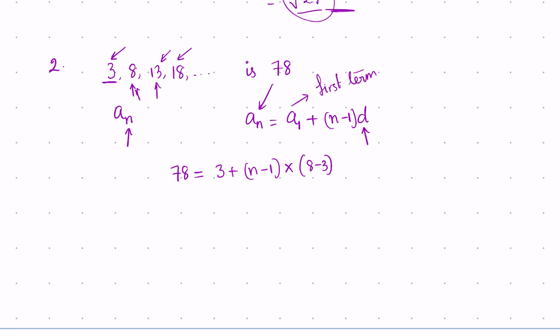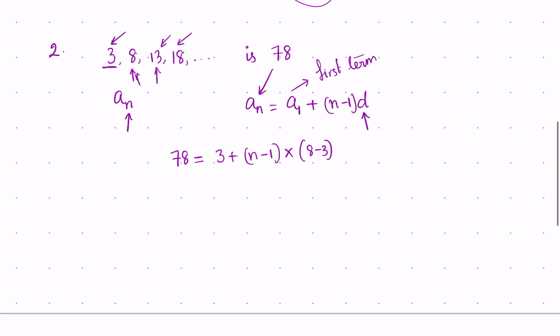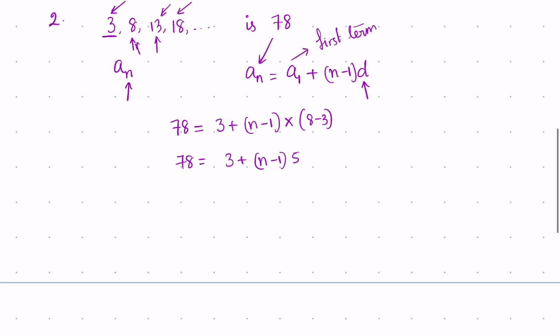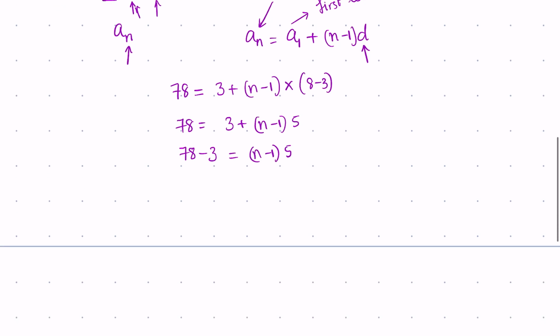It doesn't really matter. So now we have 78 is equal to 3 plus n minus 1 times 5. If we simplify this, 78 minus 3 is equal to n minus 1 times 5. So we have 75 is equal to n minus 1 times 5.